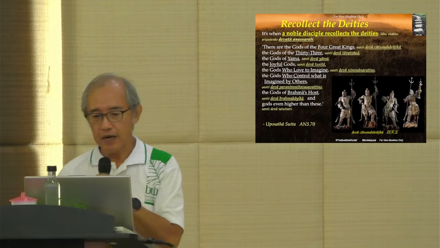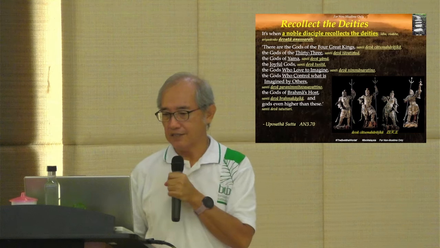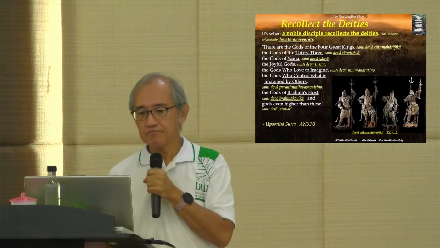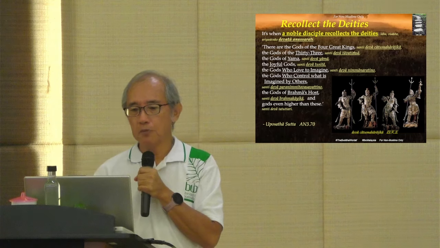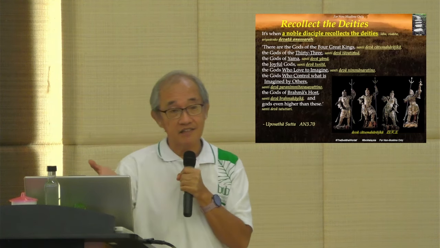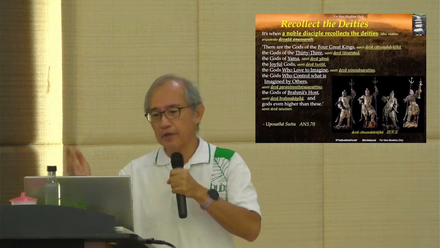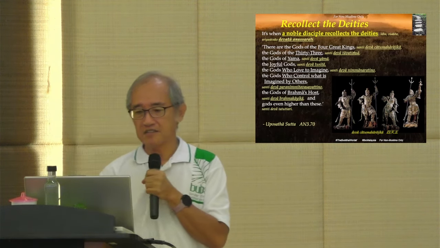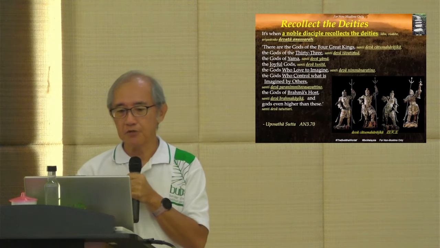Chatu means 4, Maha means great, Raja means king, the 4 great kings. But they are devas. They are the gods. Again, this is English translation. Actually, they are the devas of the 4 great kings, as given by the picture on the bottom right.